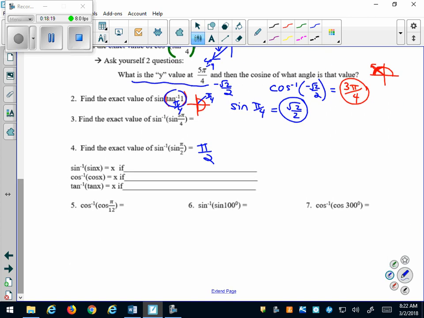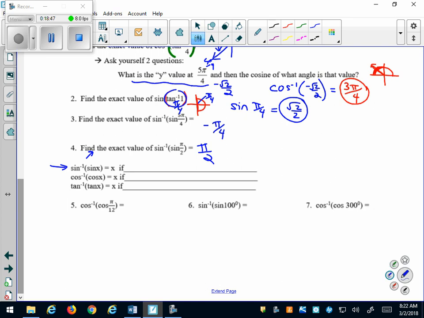It's going to be related, right? It's kind of like across the way from each other, but this one came out to negative pi over 4. Okay, so we can kind of summarize by saying, you know, this is just saying the inverses undo each other. In other words, this is like this one, right?